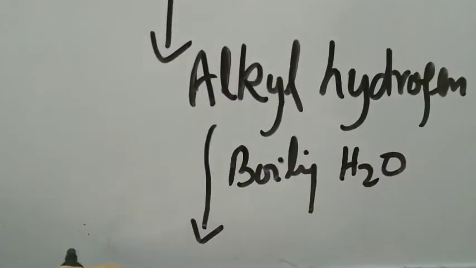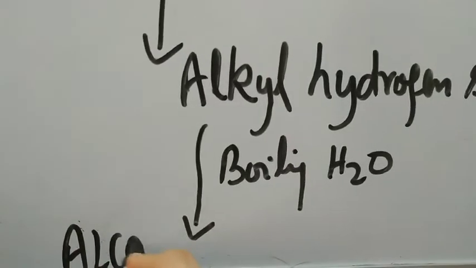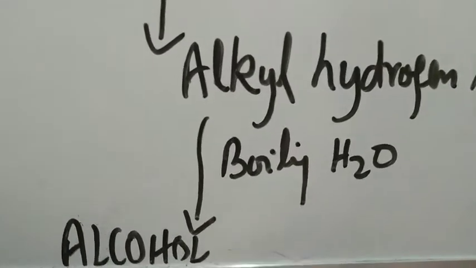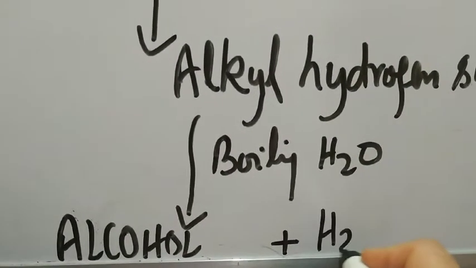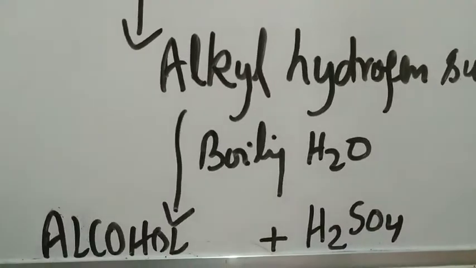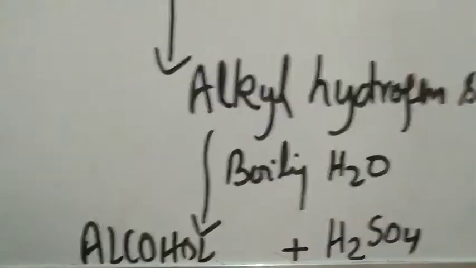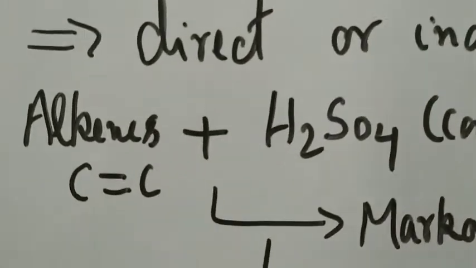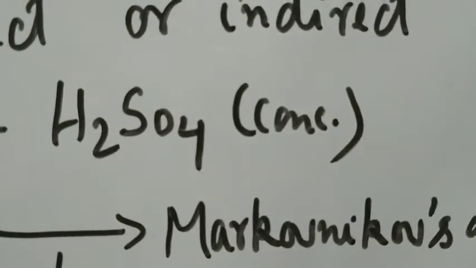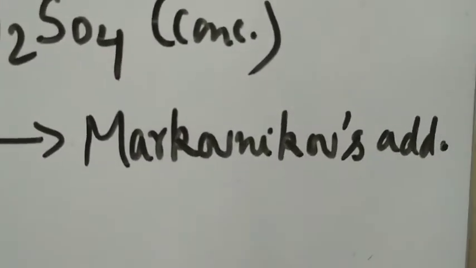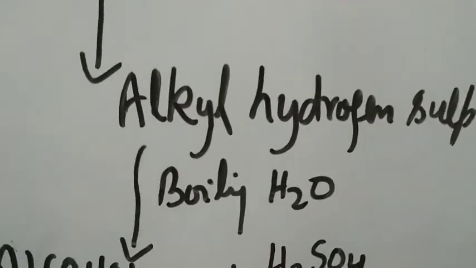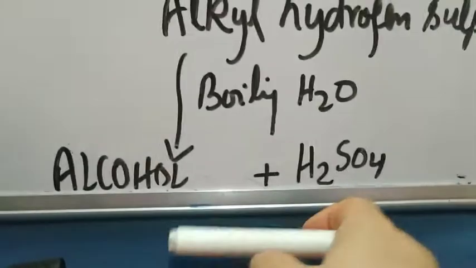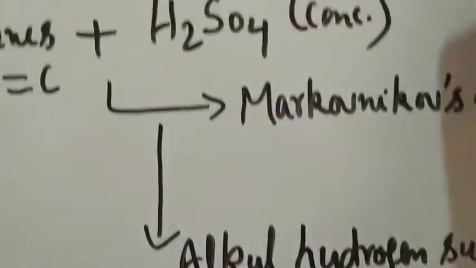When you do that, we get the final required product, which is an alcohol, and our protic acid, H2SO4, is recovered in this reaction. So this is the reaction: treating an alkene with concentrated H2SO4, there's a Markovnikov's addition, because of which we get an alkyl hydrogen sulfate, which when treated with boiling water gives us the required alcohol. Let's see how it happens.